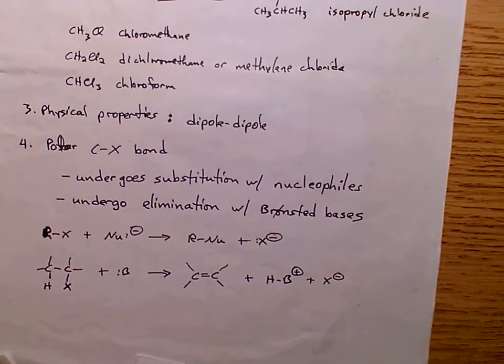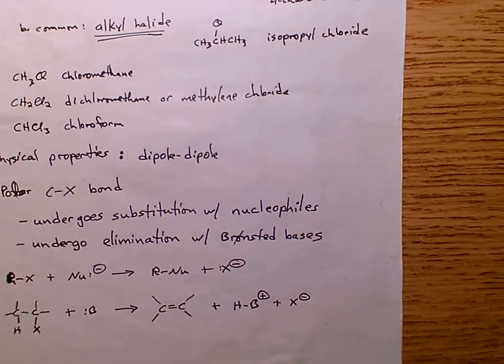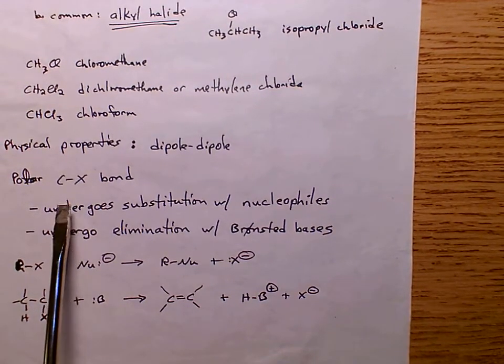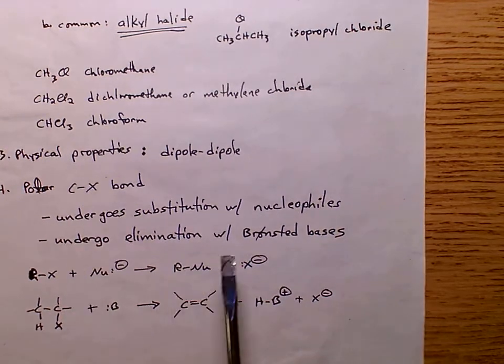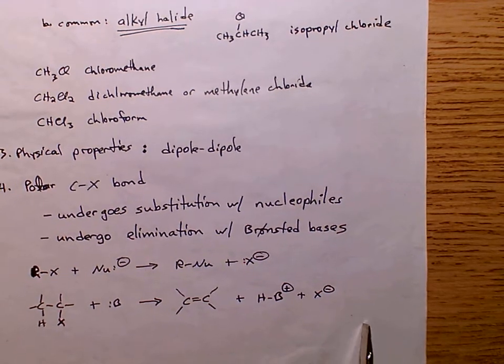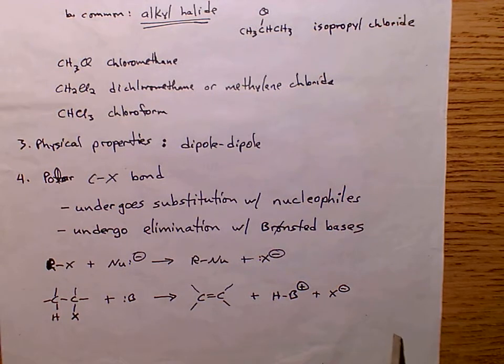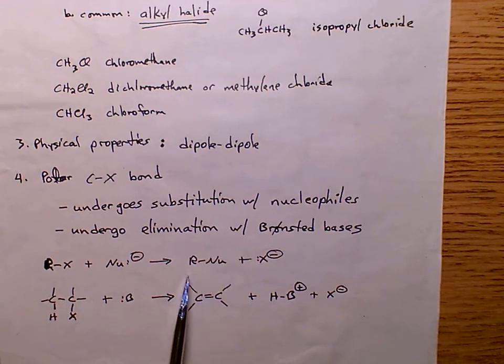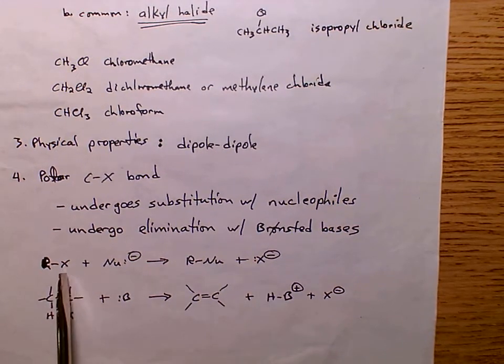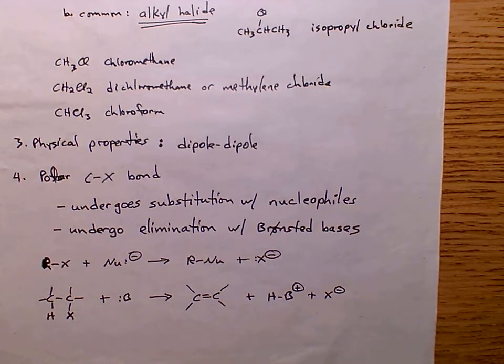And when you have this type of situation where you have an alkyl halide, we can do substitution reactions, and in Chapter 8 we'll look at elimination reactions. Substitution: if you have an R group, just a normal carbon-containing group with an alkyl halide, and you react it with a nucleophile, something with a lone pair, possibly negatively charged, we will substitute the nucleophile onto the alkyl group and kick off that halogen.